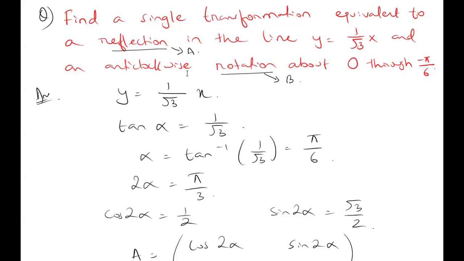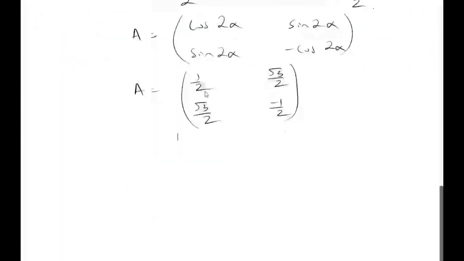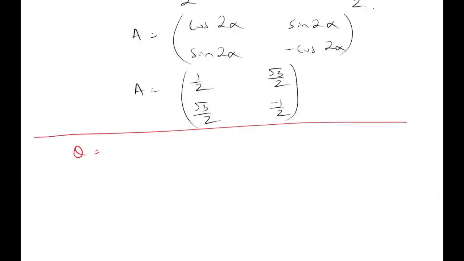Clearly, for this rotation, theta equals minus pi by 6. So I need to find cos theta and sin theta. Cos theta becomes root 3 by 2 and sin theta becomes minus 1 by 2.